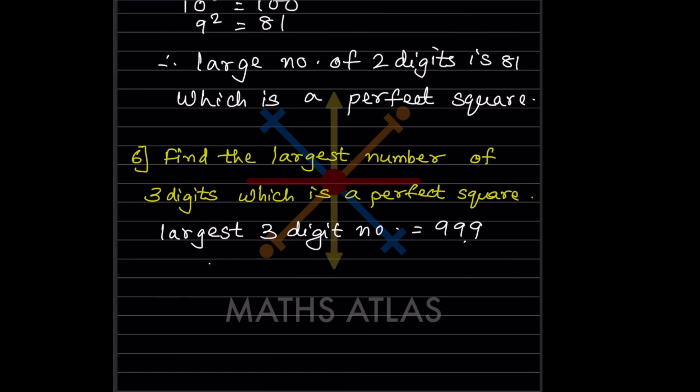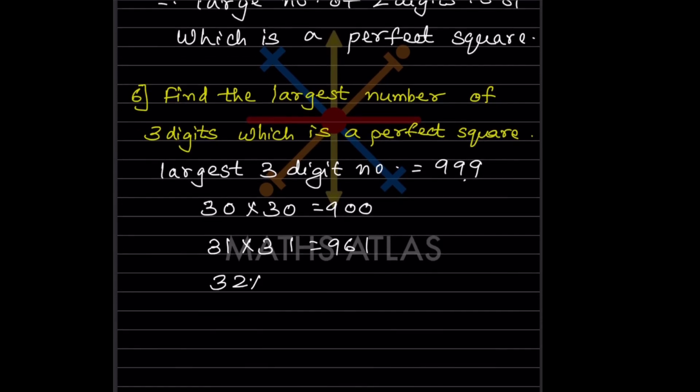So 30 into 30 is 900. So if we are taking 31 into 31, this is going to be 961. And if you take 32 into 32, what do you get? 32 into 32, this is going to be 1024.